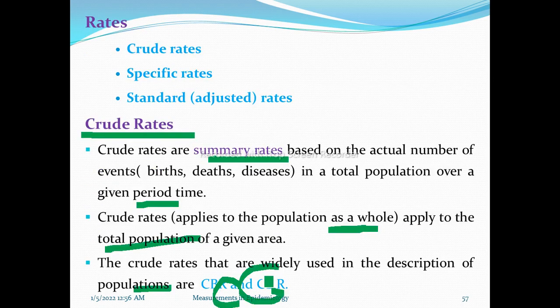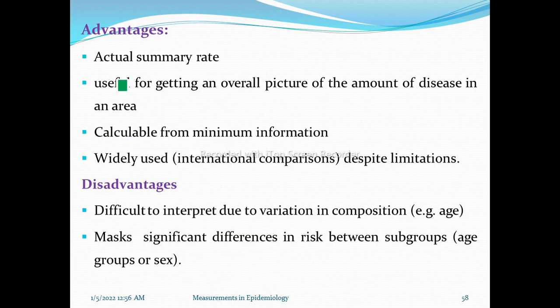When we say crude birth rate, we take the number of births in the population over the total population. So we consider the population as a whole. This is the concept. The other is the advantages of crude rates.